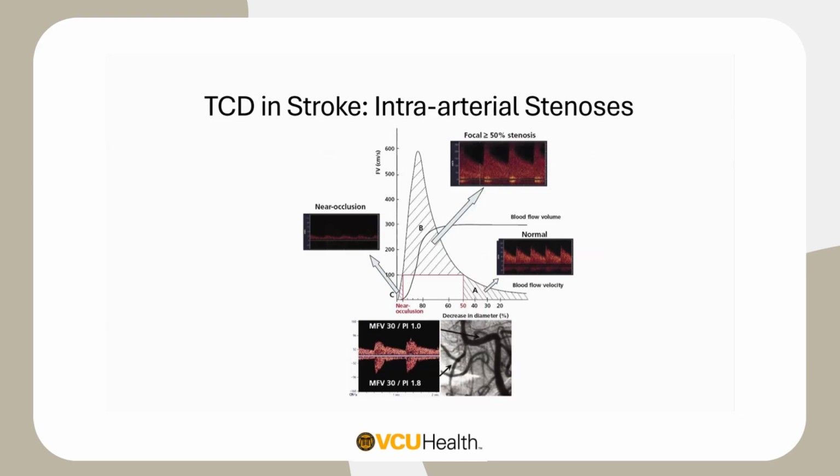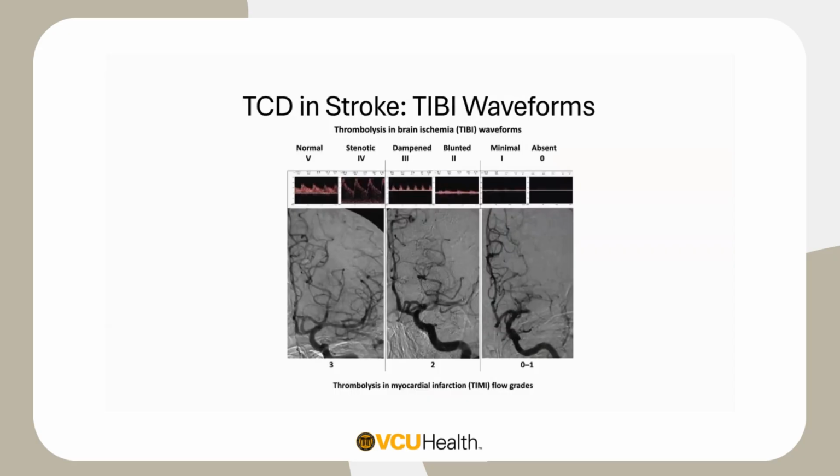So those TIBI scores can be potentially useful, where you can classify waveforms as absent, minimal, blunted, dampened, stenotic, or normal. Then you can compare side to side and adjacent areas to adjacent areas to understand cerebral vasculature in a patient. I'll allude to why this is important in ECMO in a little bit.